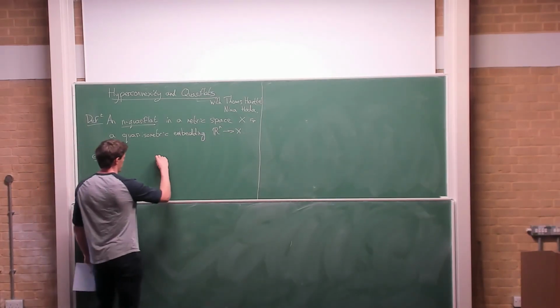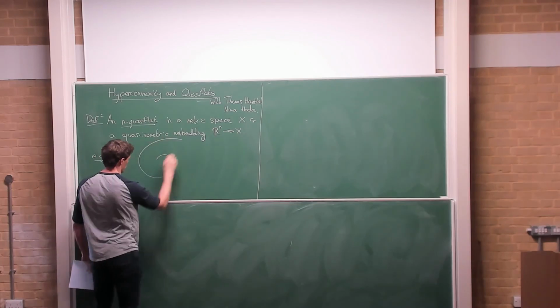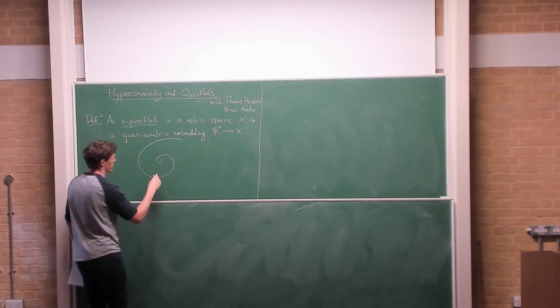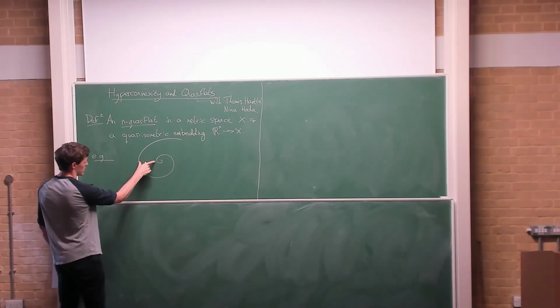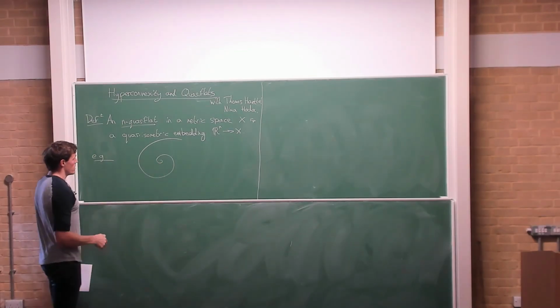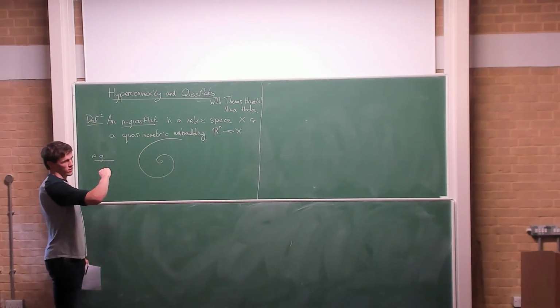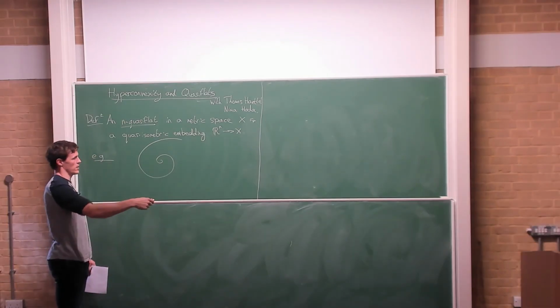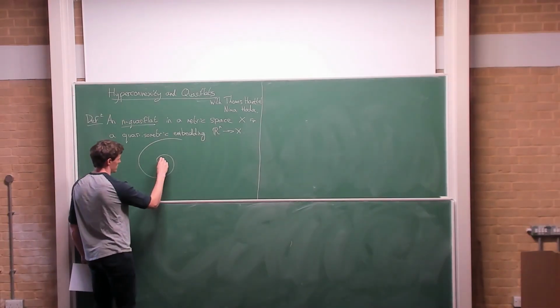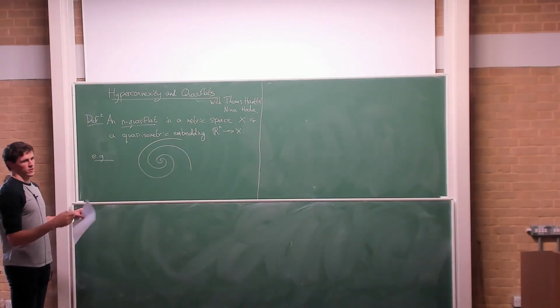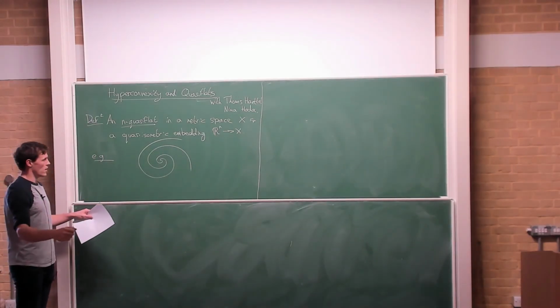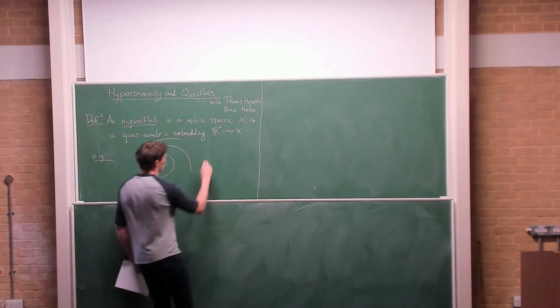If in the plane you take a spiral that's growing logarithmically, so these gaps are getting exponentially bigger, then that's a quasi-isometric embedding of a ray in the plane. And then if I stick another one of these on here going out as well, then I get a quasi-isometric embedding of R in the plane.